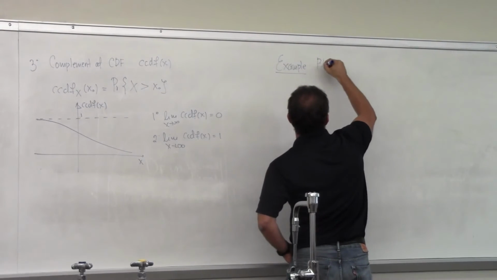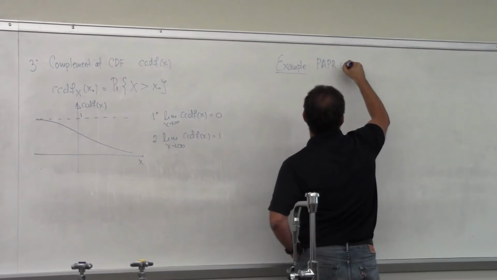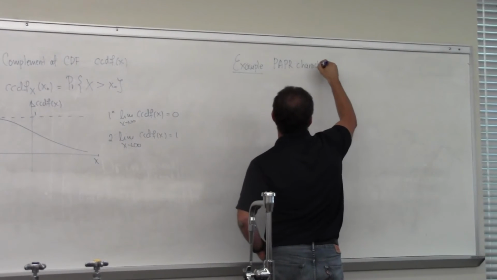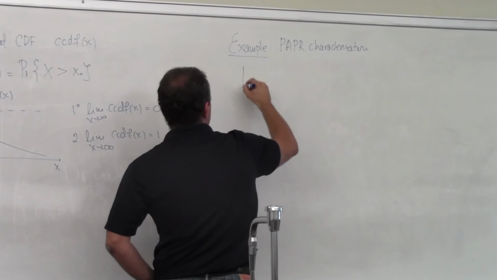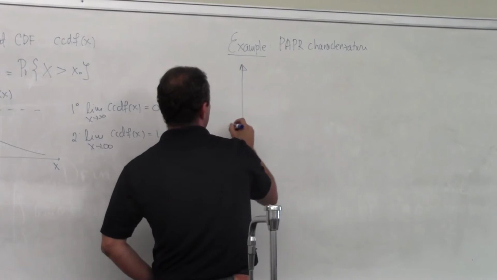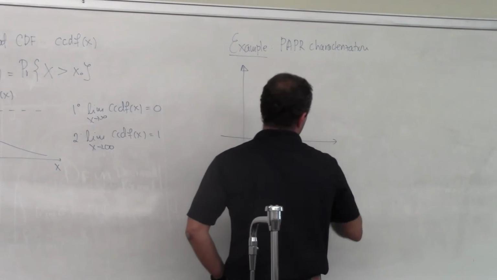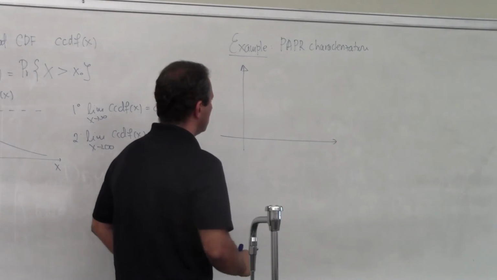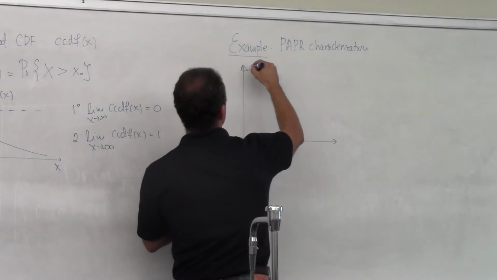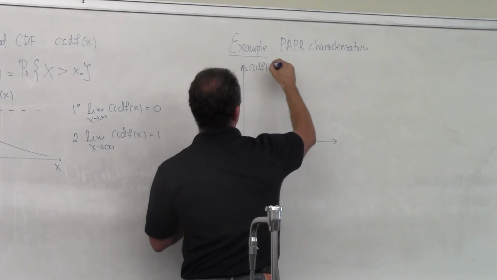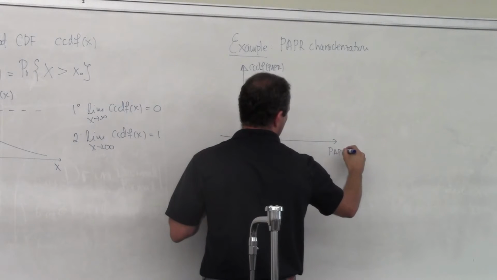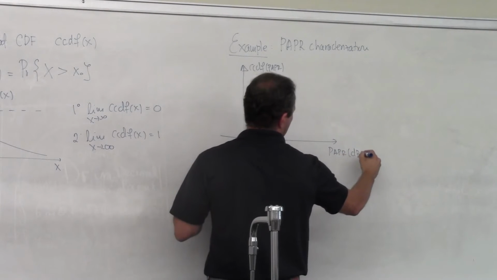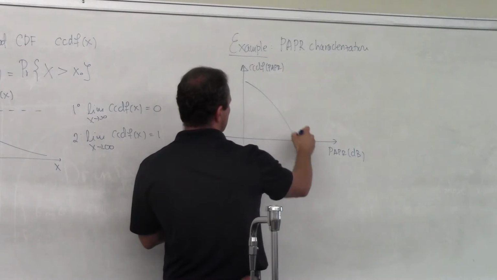So, peak to average power ratio characterization. In that case, it is common to give curves in a log scale, where you're going to have here CCDF of PAPR, and here you're going to have PAPR in dB. And the curve might look somewhat like this, right?